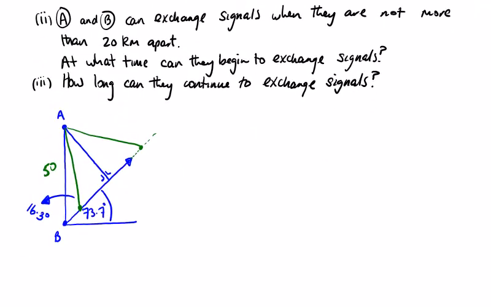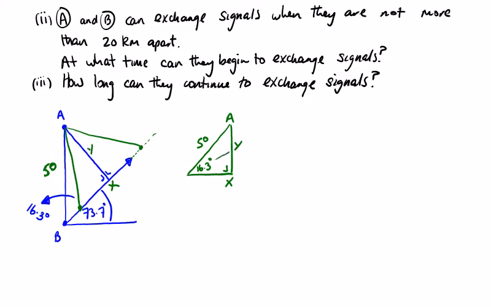So we have this right angle triangle where this is A, and let's call this point X. AX drops down to the foot of the perpendicular. The hypotenuse is 50, and this little angle in here is 16.3 degrees. So we can get this side here, which we will call Y.